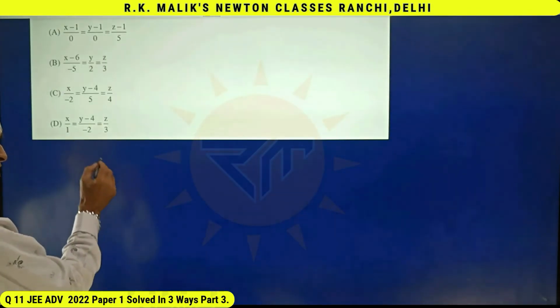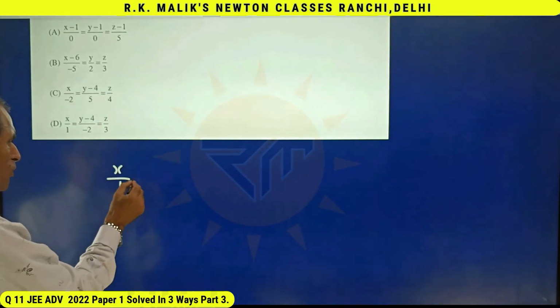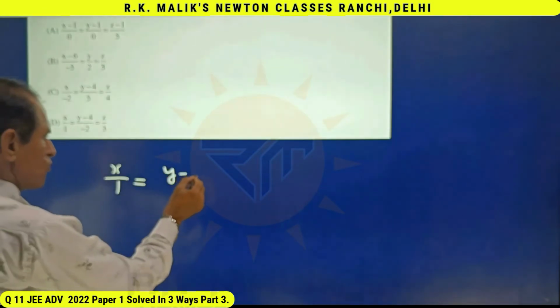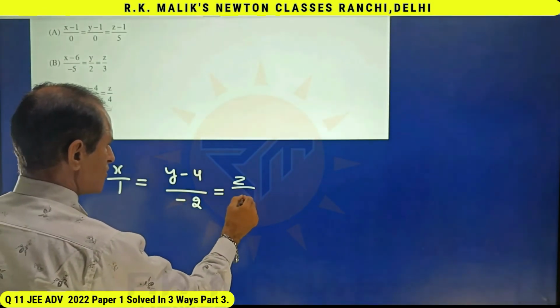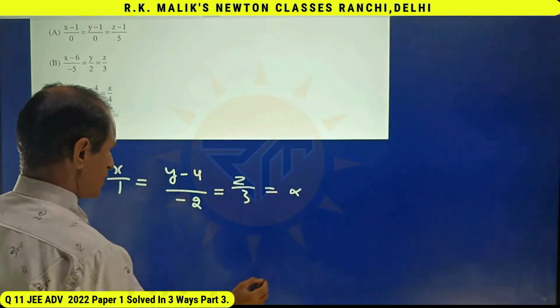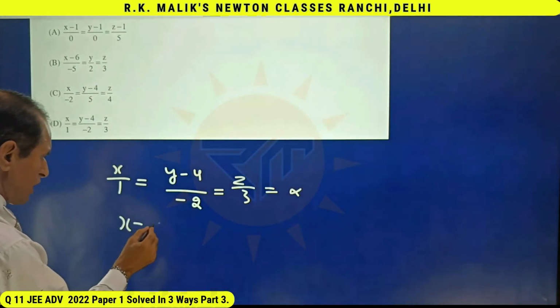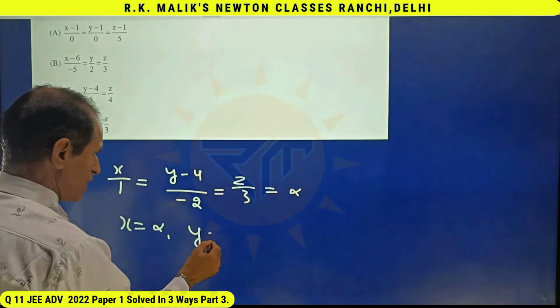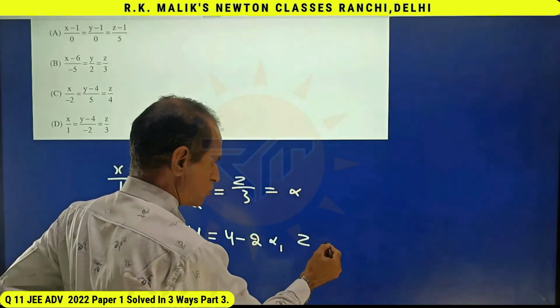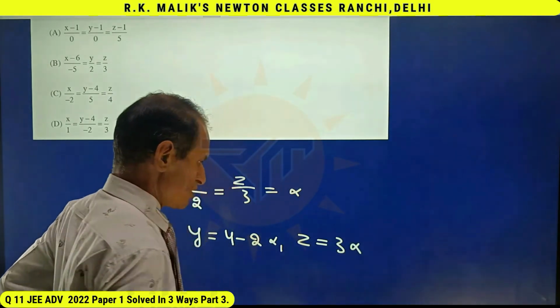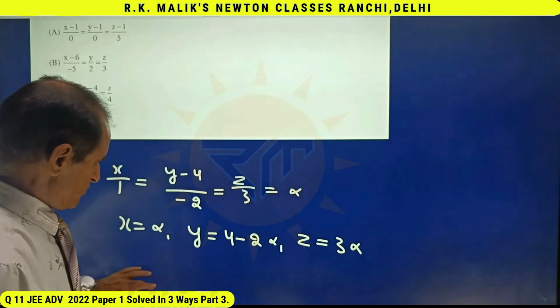Again I'll say x upon 1 equal to y minus 4 by minus 2 equal to z by 3, let it be equal to alpha. X is equal to alpha, y equal to 4 minus 2 alpha, and z equal to 3 alpha.